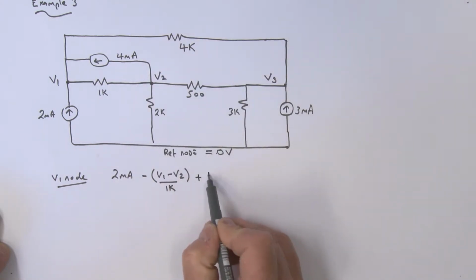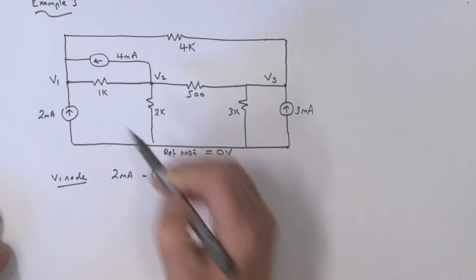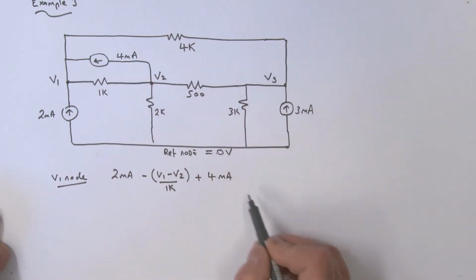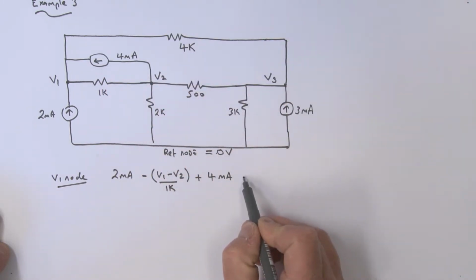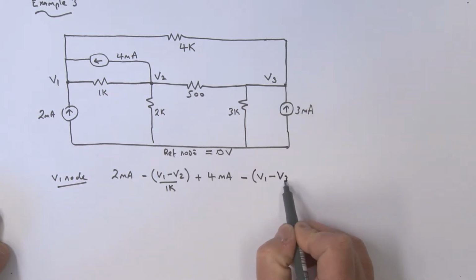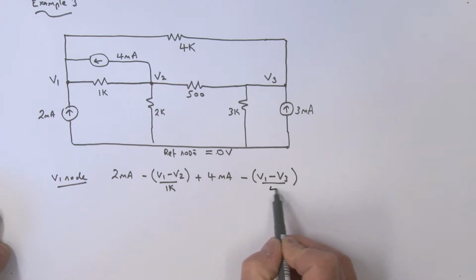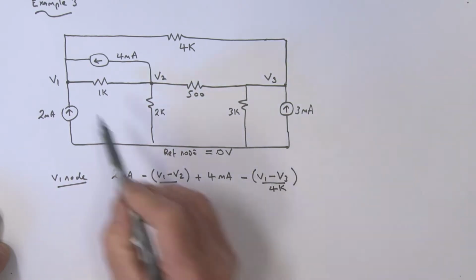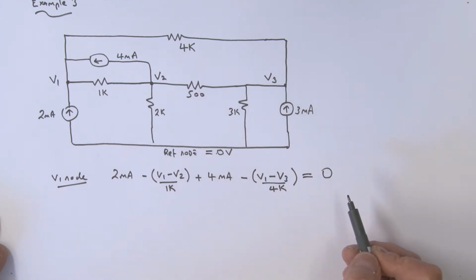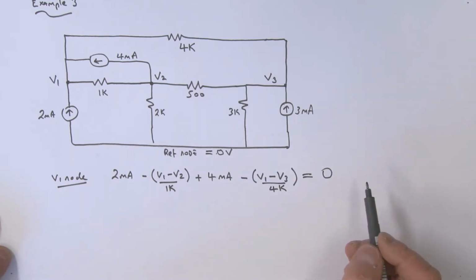So that's a plus 4 milliamps. And then, of course, we've also got this current going in this direction here, which we're defining as what? A minus, and that would be V1 minus V3, and that's divided by the 4K. And I think we've got everything, and so all of that is equal to 0. Okay, that's our first V1 node equation.